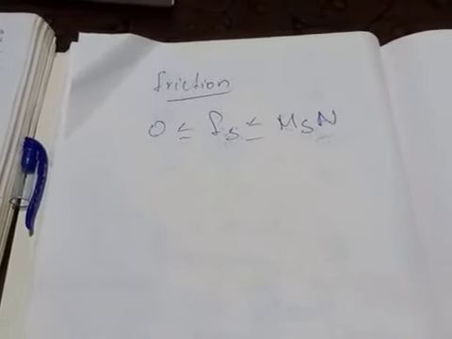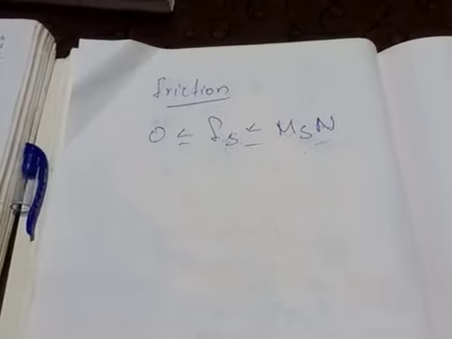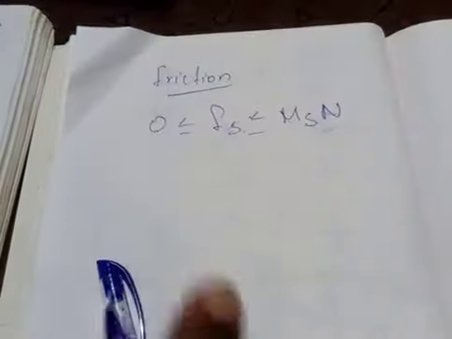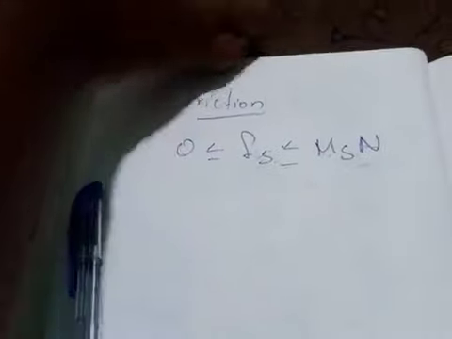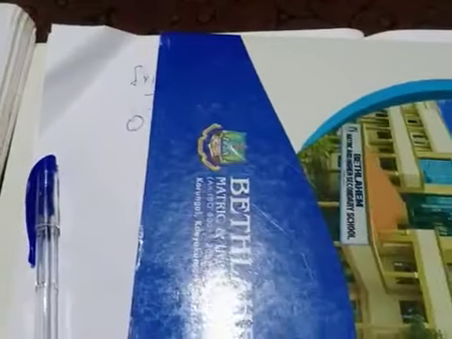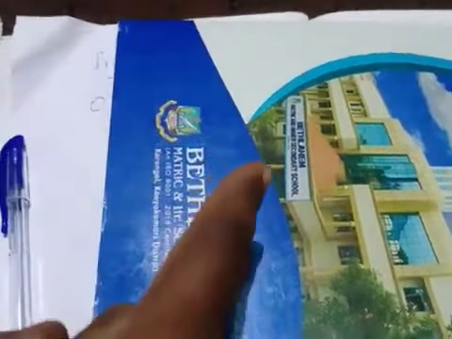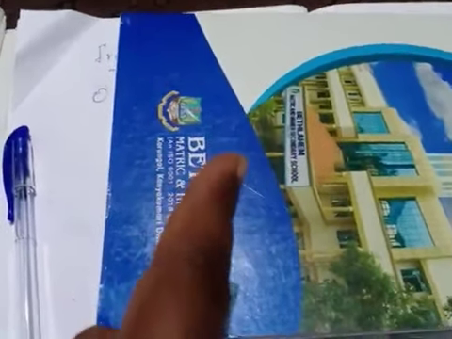Based on this, assume that one object is at rest and there is no external force acting on the object. Then what will be the static friction on the object? Now the static friction acting on this object also will be 0, because the object is at rest.